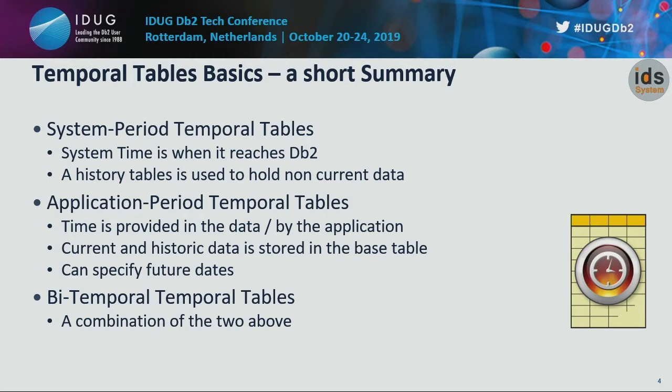And in Db2, you get basically 2 tables: your base table with the current data, and a history table, which looks pretty much the same, and you combine those with an add versioning statement. This means that from the perspective of an application, it looks like a single table. From a SQL point of view, it is a single table, you just query it. On the other side, you have 2 physical tables, enabling you to do different configurations for them, different security, different table options.